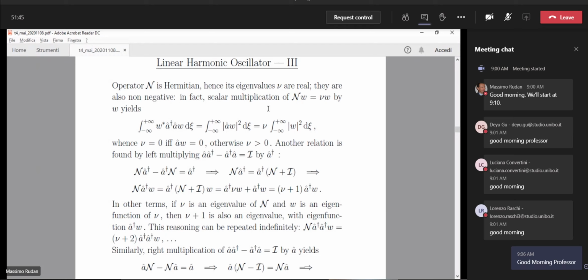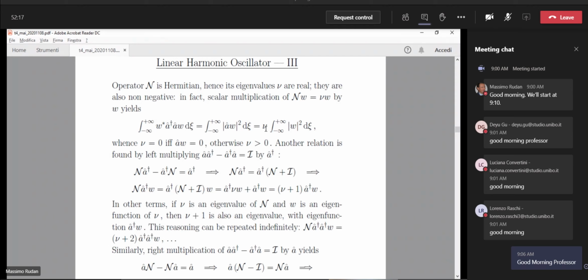So we have a relation in which the integral on the right is strictly positive. It is multiplied by a real number. And then we have an integral that is the integral of the square modulus of AW. So if AW is identically 0, then Ni will be equal to 0.